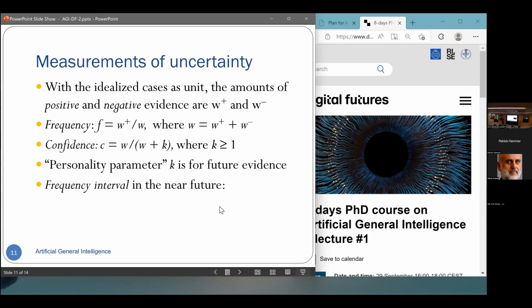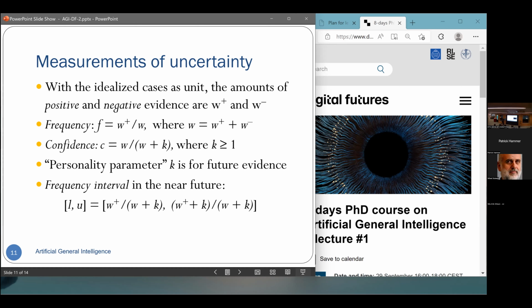So we have another one. We can talk about the frequency interval. That is, this frequency in the near future. Here, near future is defined by this K, the coming of an amount of new evidence of this much. And we see clearly if the current frequency is this, if all new evidence are negative, okay, so the total is increased by this amount, the positive amount remains the same.